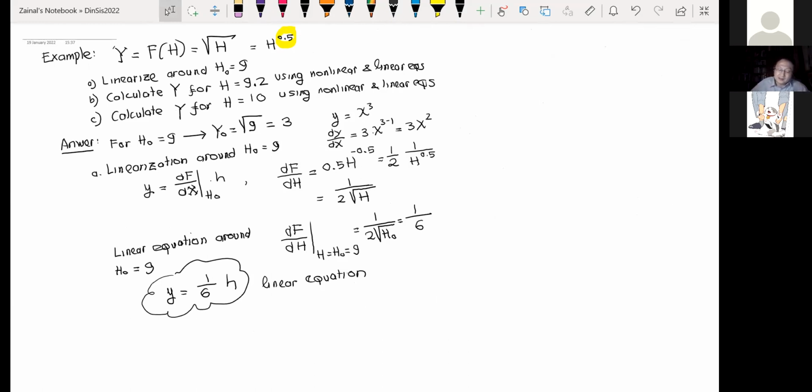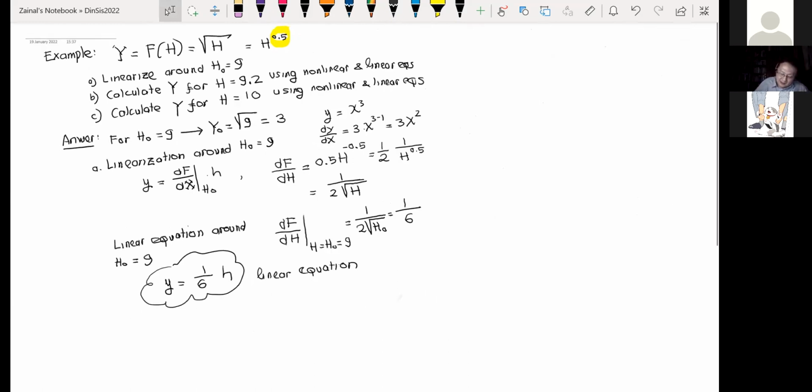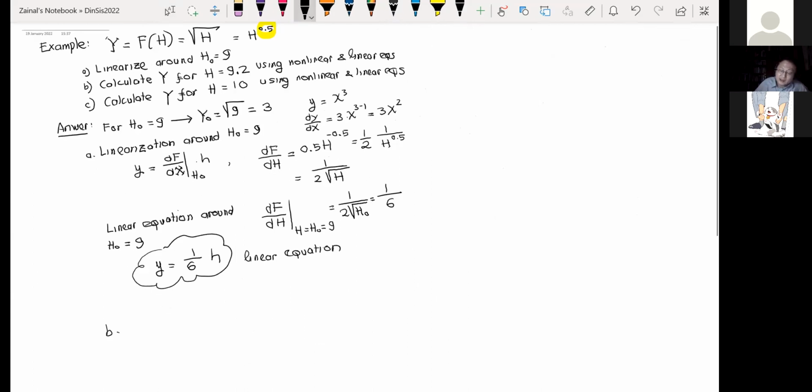Okay, now B. For B, you can calculate for h equal to 9.2, using the non-linear equation.